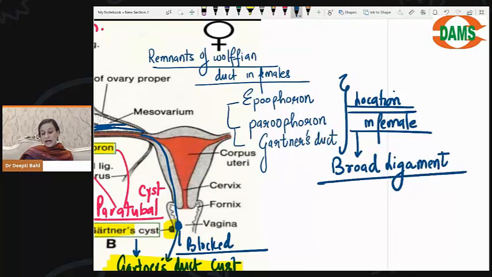I will tell you in a moment what broad ligament is. As of now, just write down that they are contents of broad ligament.